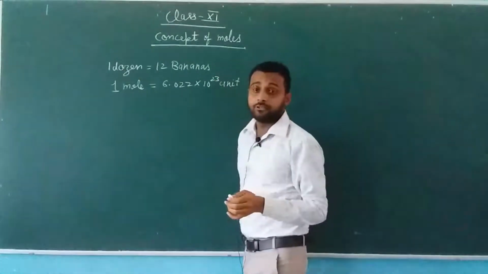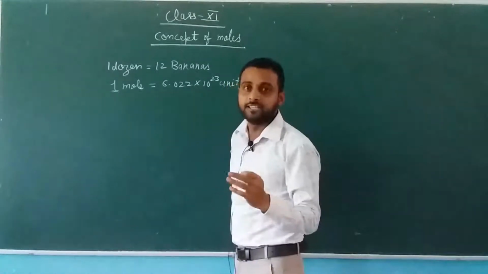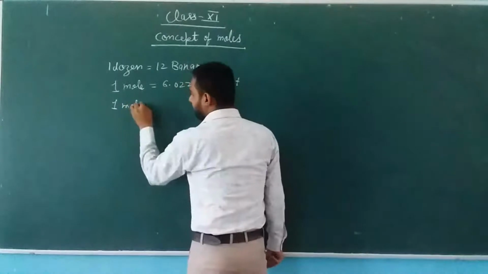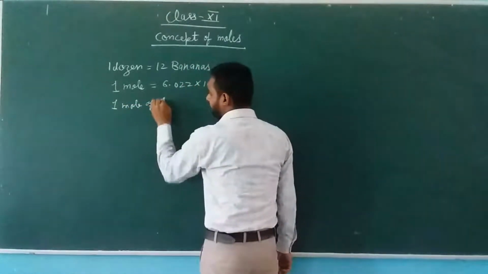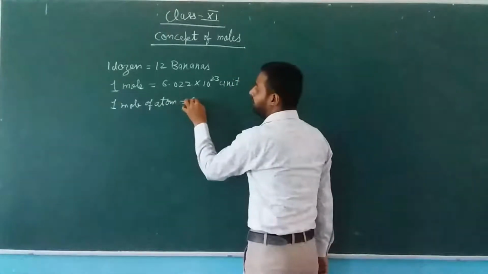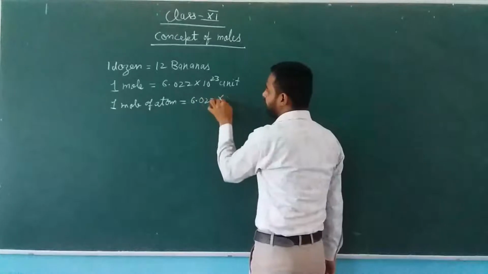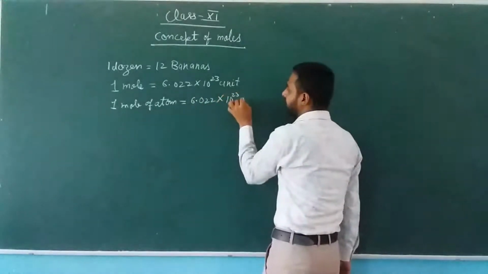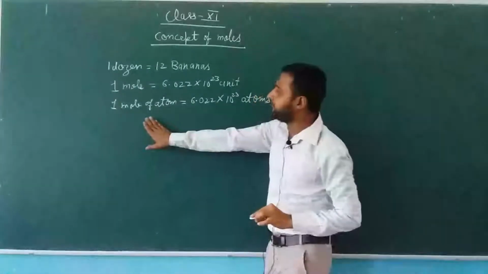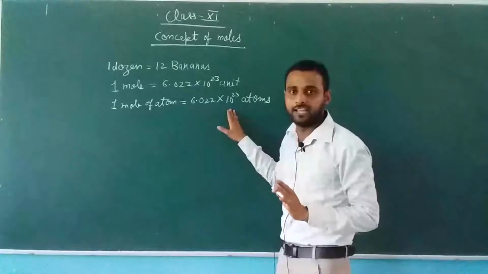If 1 mole of atom is given, then it means we have 6.022 into 10 to the power 23 atoms. The actual meaning of 1 mole of atom is 6.022 into 10 to the power 23 atoms.